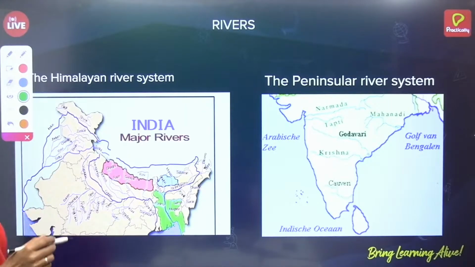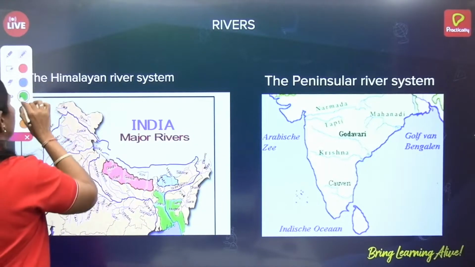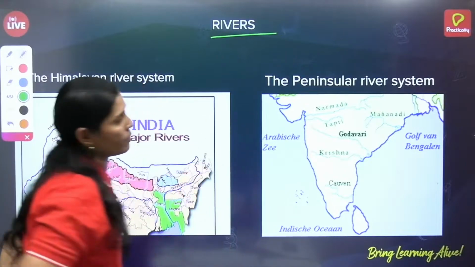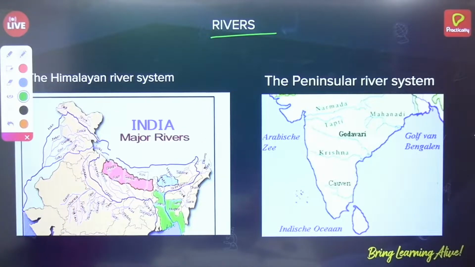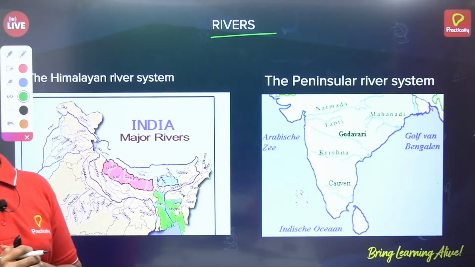Now let us go to the types of rivers. In India we find different types of rivers.